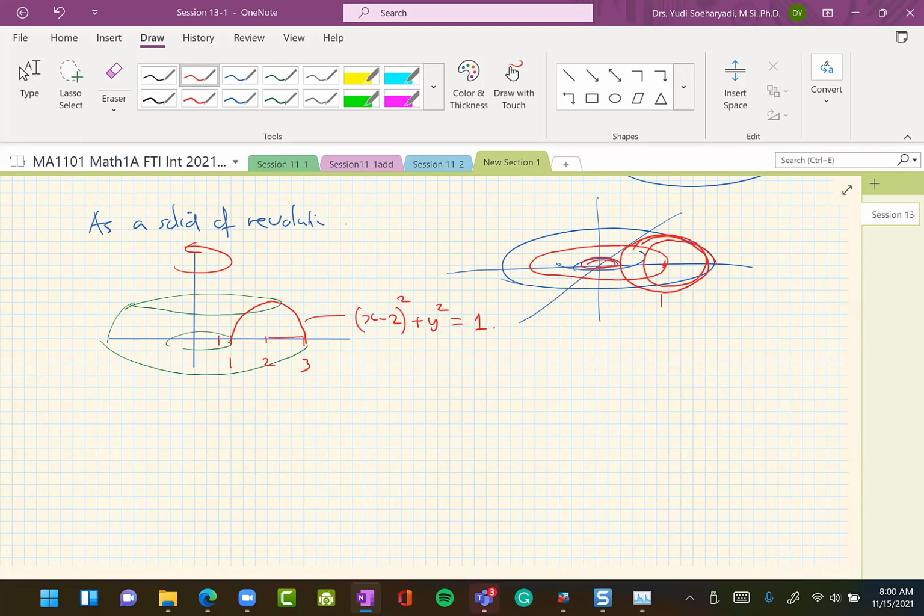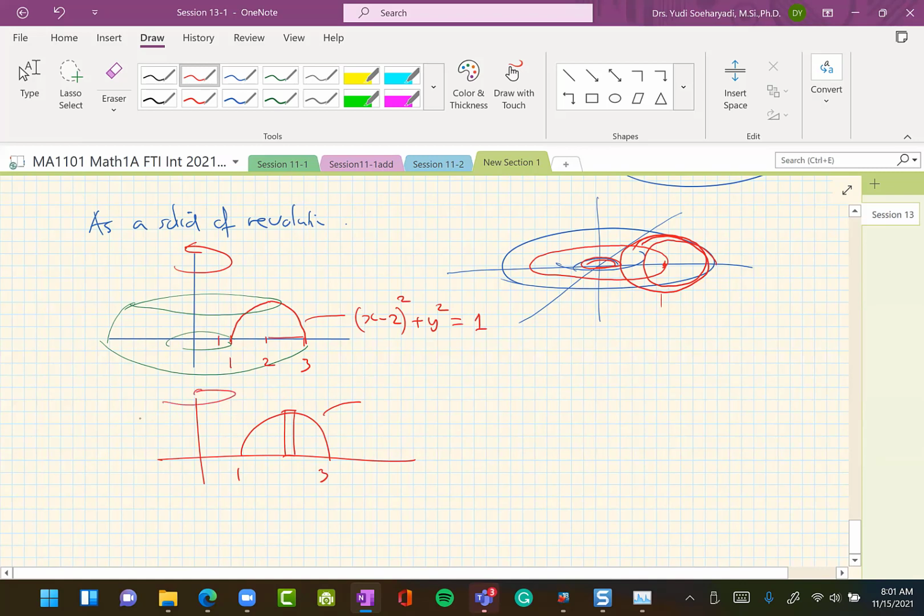Okay. So one thing is, if you take the sample, revolve this, and you get something that looks like this one.